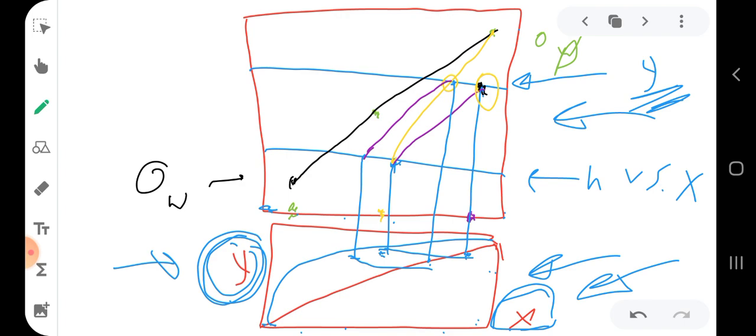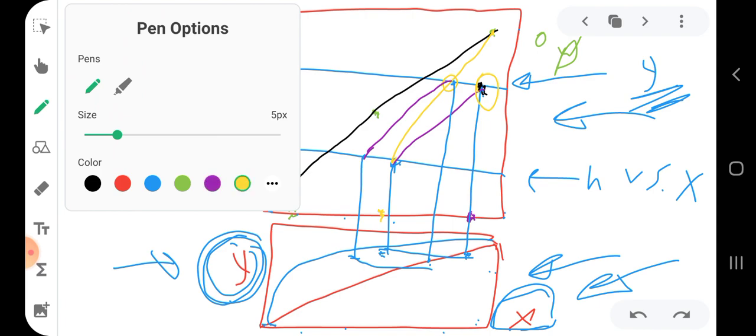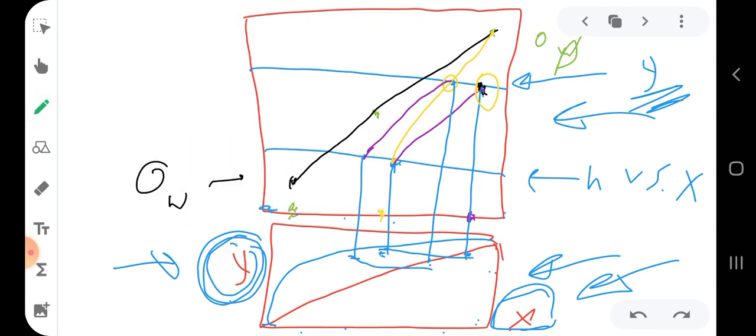Then again I will do the same thing. I connect this point with OD point. Okay, and let me do it again in yellow. So I connect this again to the top line. Again I will get an intersection with the vapor curve. Okay, so I need to do the same thing again and again.